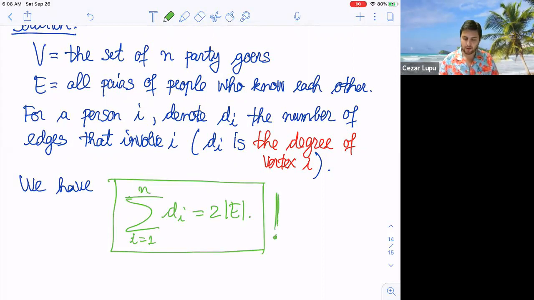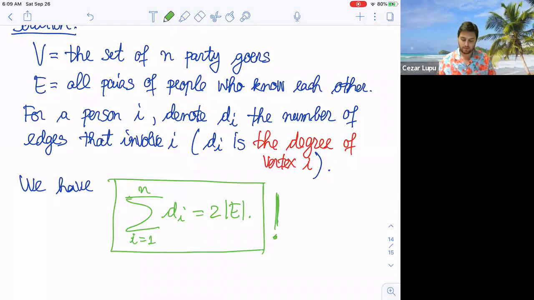Very important. This is clear since we run over all vertices and count degrees, so each edge gets counted exactly twice. That's why the sum of the degrees is even.